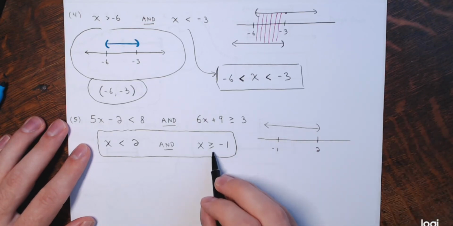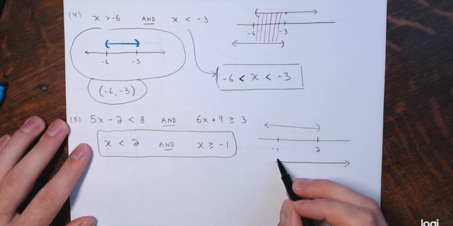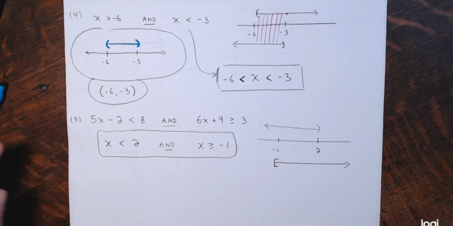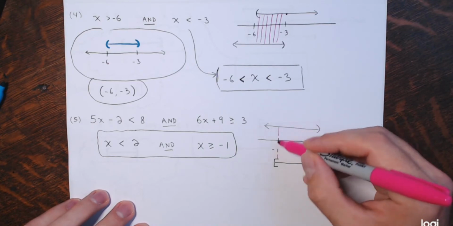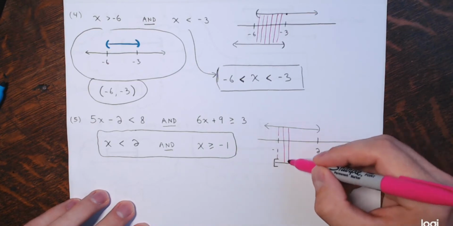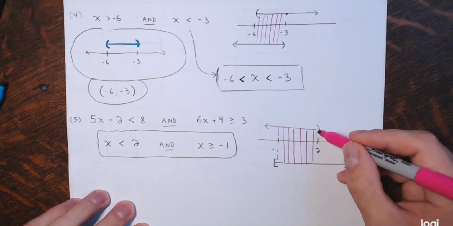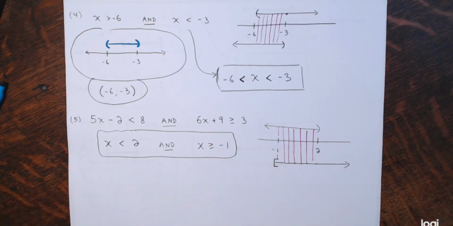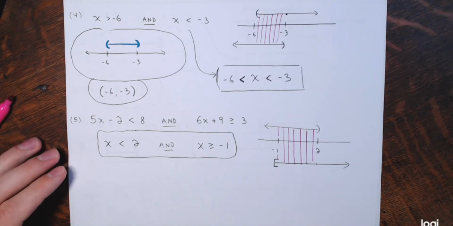X greater than or equal to -1 is all the numbers to the right of -1, including -1. And we're looking for the overlap. What numbers are on both? Well, -1 is on both. All the numbers from -1 to 2 are on both, but 2 is not. 2 is on the second graph, but not on the first, and that's it. Those are the only numbers that satisfy this compound inequality.